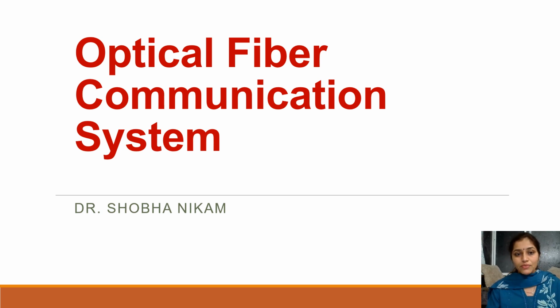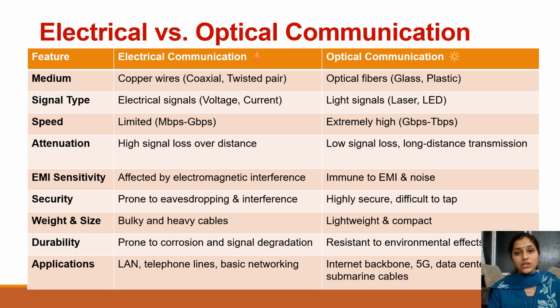Now you all are familiar with electrical communication. Now let's see what is need of optical communication. So I have compared electrical communication and optical communication based on few features. So very first is medium. So in case of electrical communication, for transmission of information, we use copper wires.